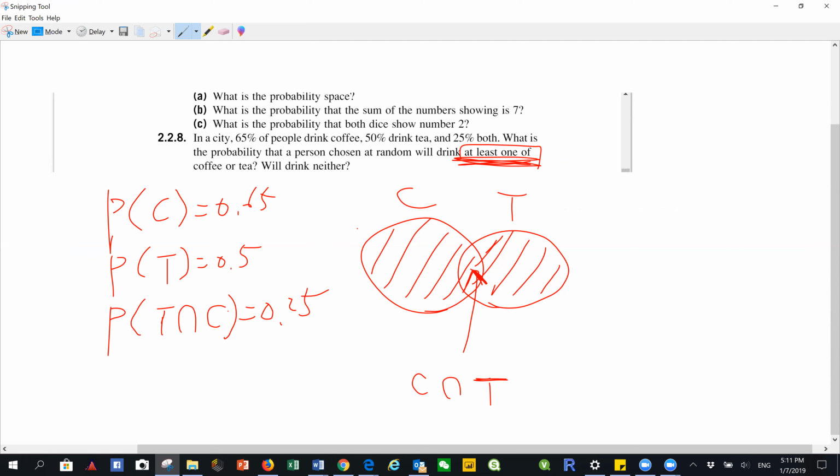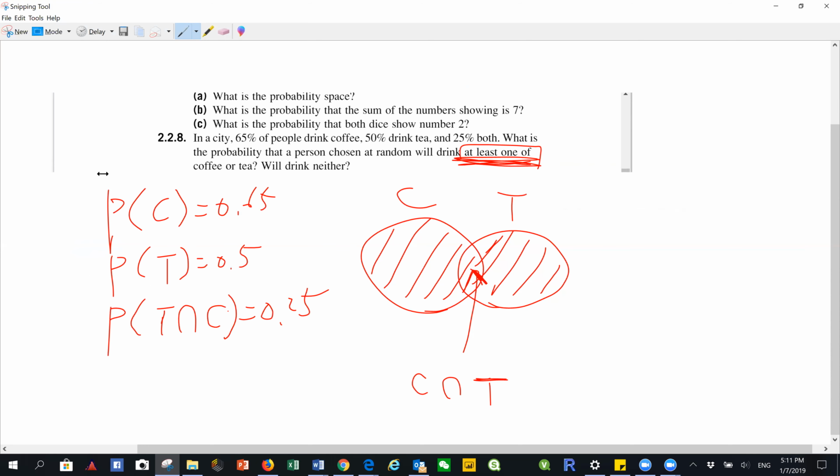So how do you calculate this shaded area without counting the intersection area twice? The answer will be very obvious. Okay, so you know how to do it that way.